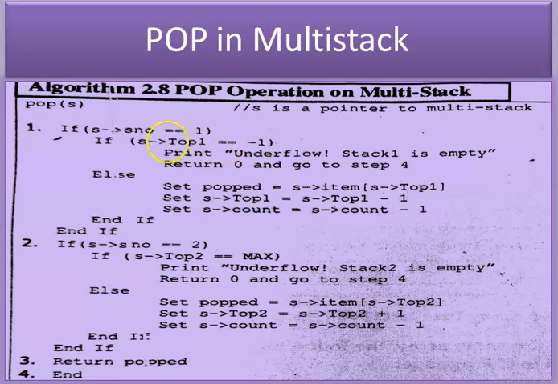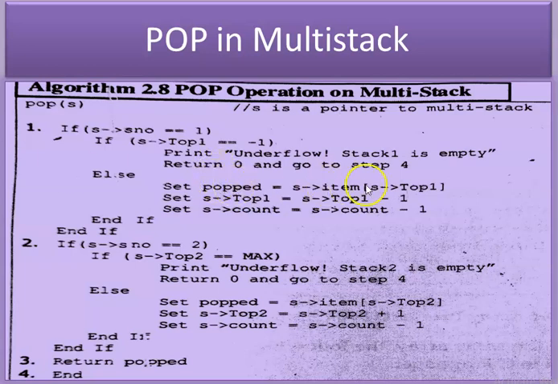How will we do that? If the value of top 1 is -1, it is an empty stack, is it not? If the value of top is -1, it is empty. We cannot pop anything from that. Otherwise, it is not empty.